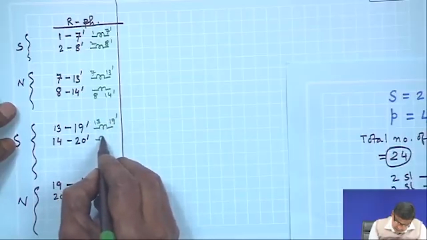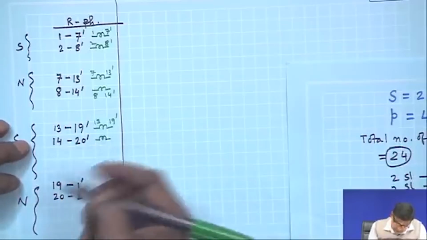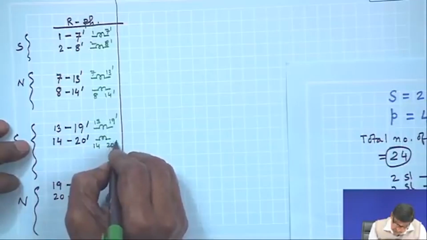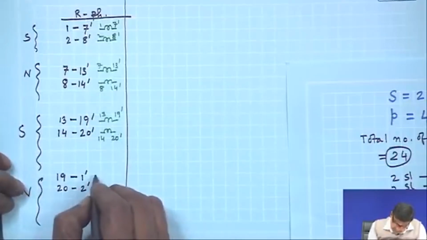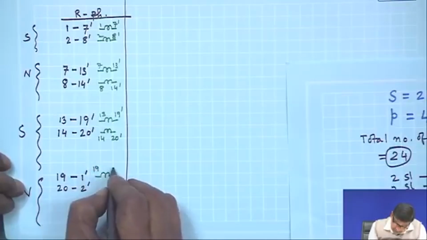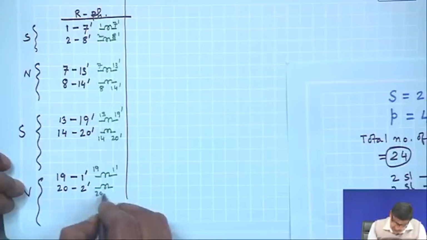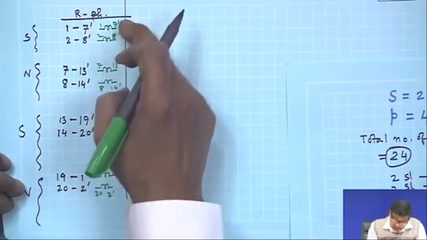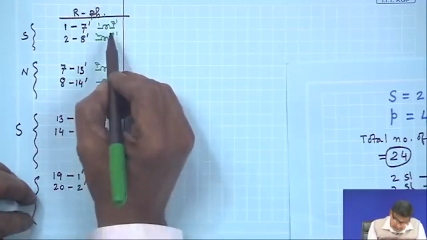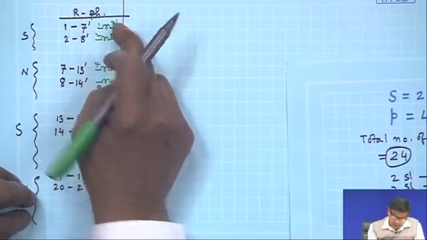Any inconsistent number you can point out to me if I have made any mistake. 24 20 dashed and then you have 19 1 dashed and this is 22 dashed. So, all the 8 coils have been drawn.